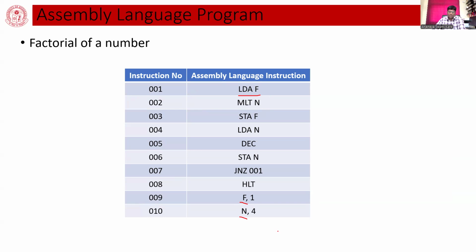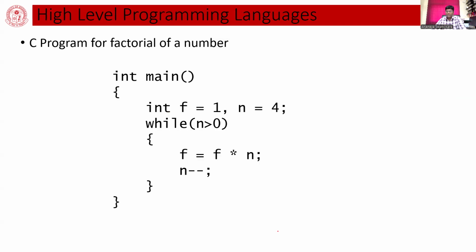Compared to the machine language program, this is easy to understand, but it is still hard to understand and create programs in assembly language. That is why we have high-level programming languages. This is a high-level programming language, a C program for computing the factorial of a number. It doesn't include the input-output statements. This program is to compute 4 factorial.